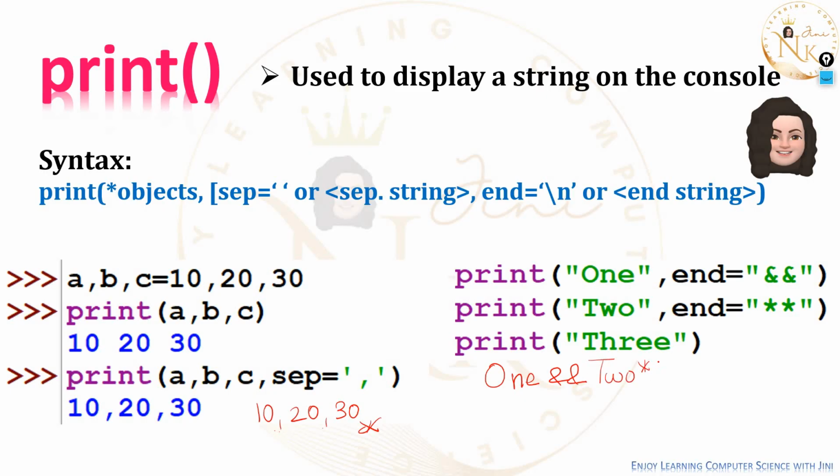Again end is asterisk, so your cursor will remain here. What is the next statement? 3. There is no end argument, so after it the cursor comes to the next line. So if I give another print statement, print('end'), it will be printed in the next line only, because there is no end argument here. Okay. This is how the print statement works.